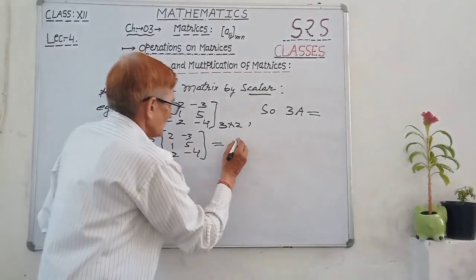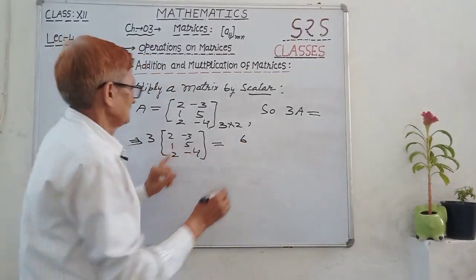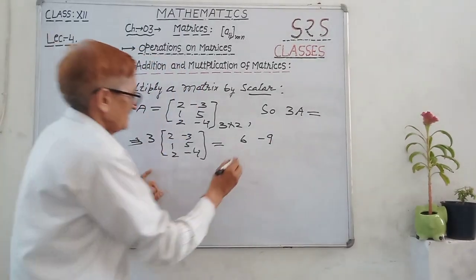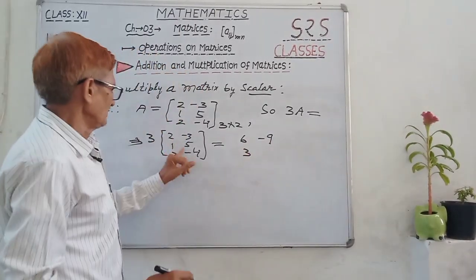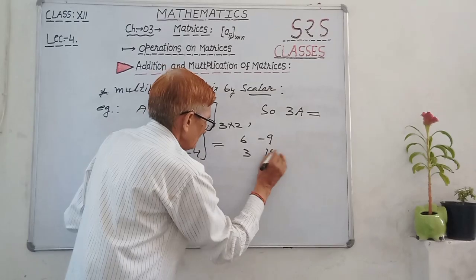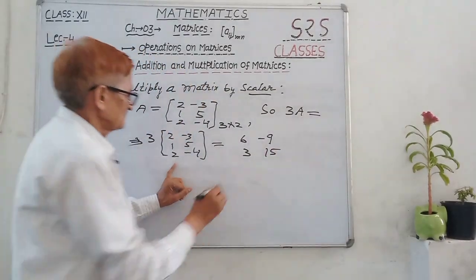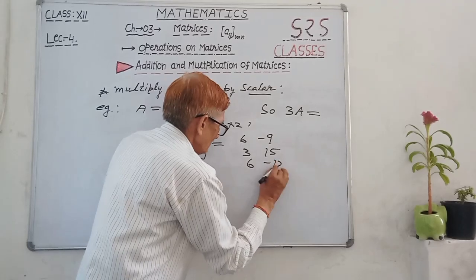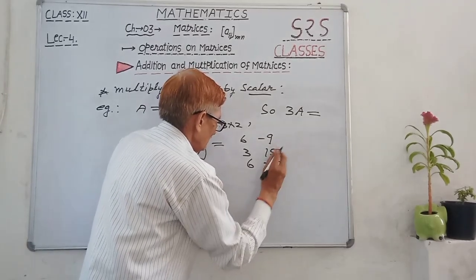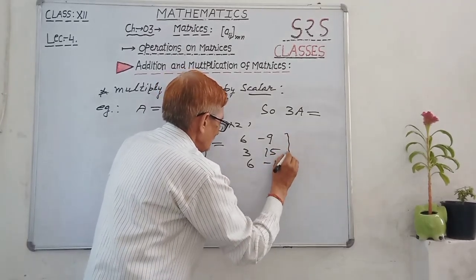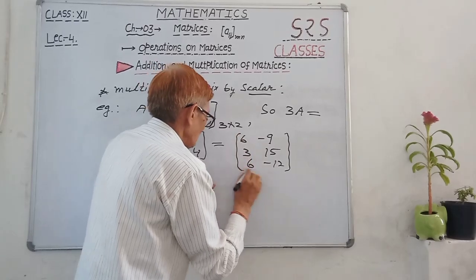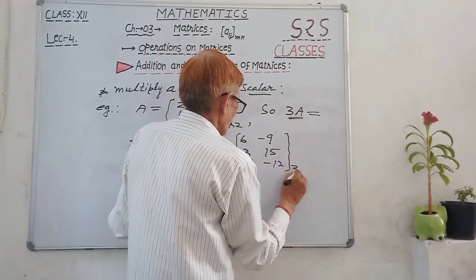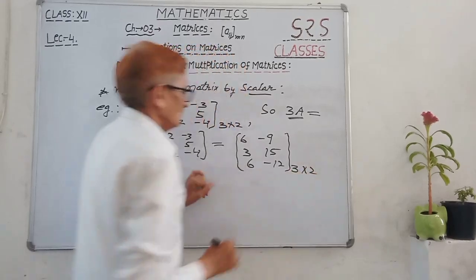Now 2 3 2 ja 6, 3 3 ja 9, 3 1 ja 3, simple multiplication. 3 5 ja 15, 3 2 ja 6, 3 4 ja 12. This is the 3 into A matrix. This is also same order, 3 into 2.